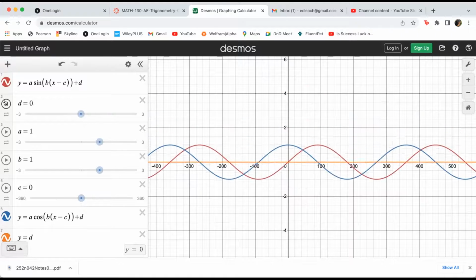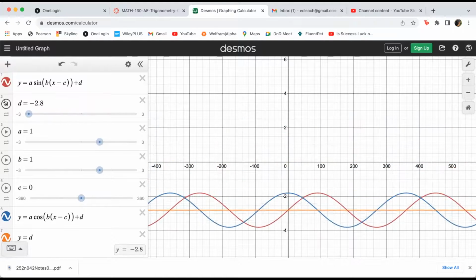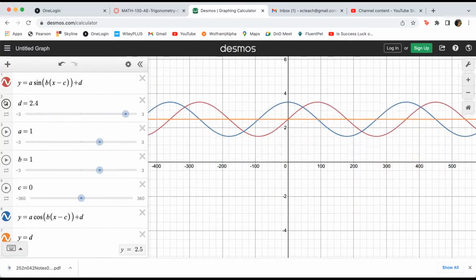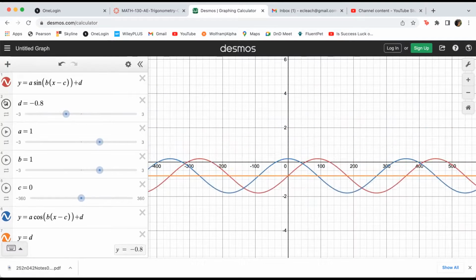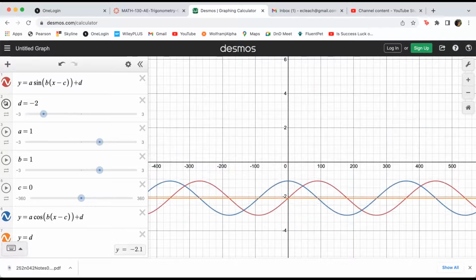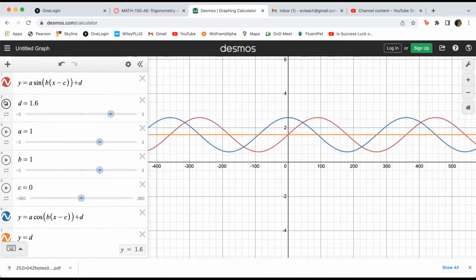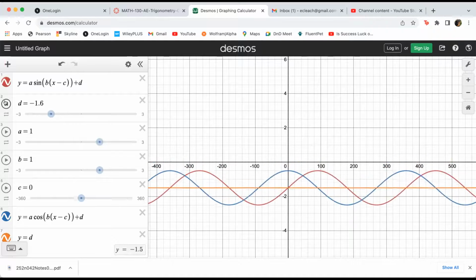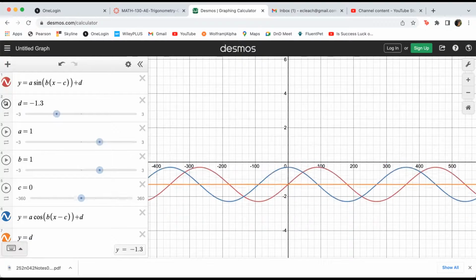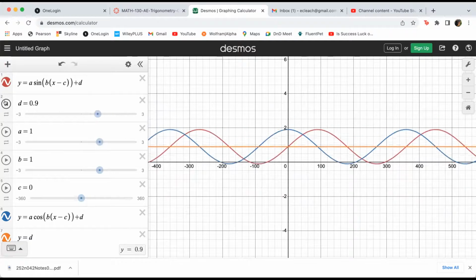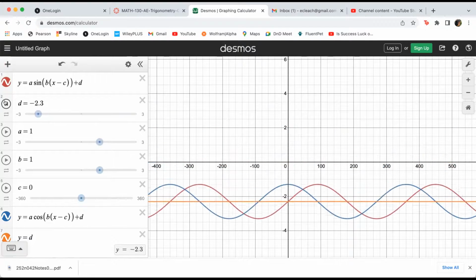So that plus D is the middle of the graph. I know you can't see what I'm writing, but the important thing we want to notice is that the plus D is the middle of the graph. Any questions?